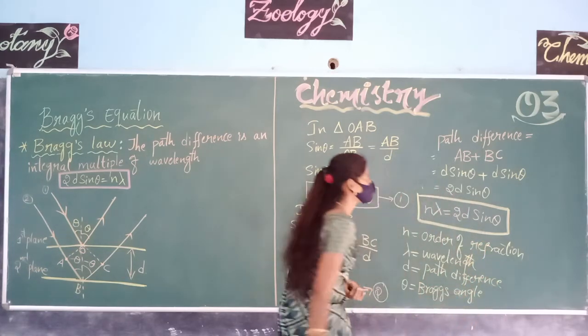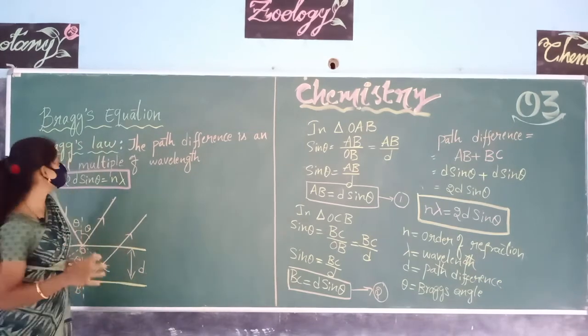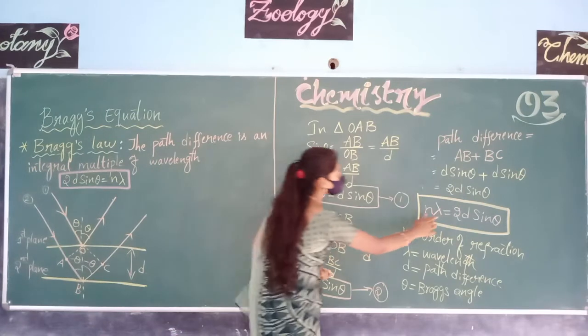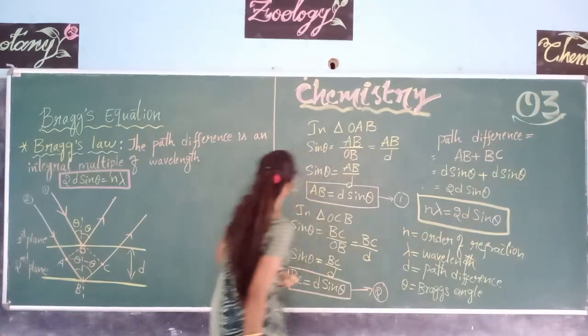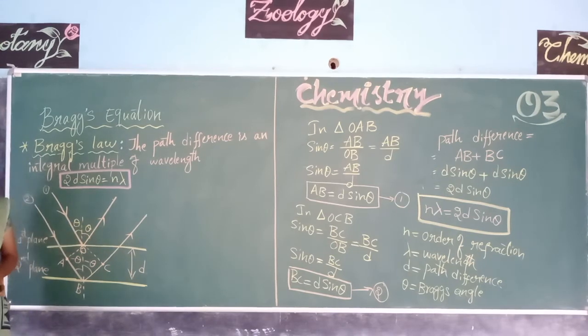So theta is Bragg's angle, or the angle of incidence or angle of refraction. In this way the Bragg's equation derivation is n lambda is equal to 2d sin theta, that is, the path difference is equal to the integral multiple of wavelength.